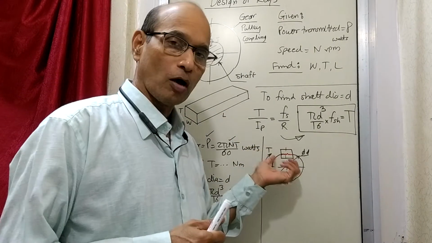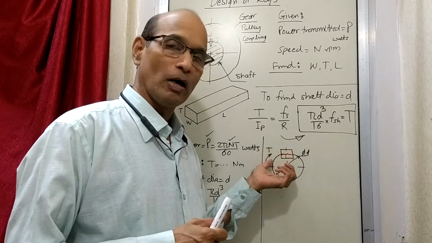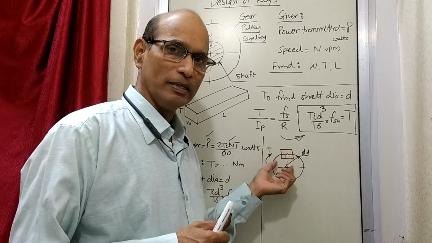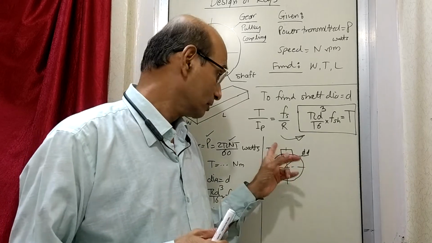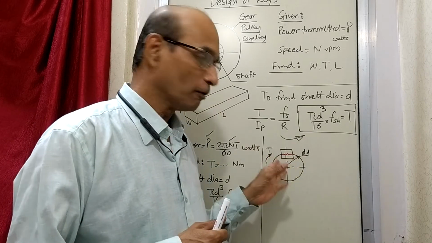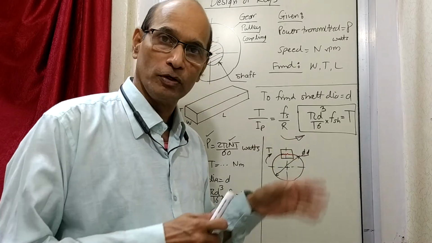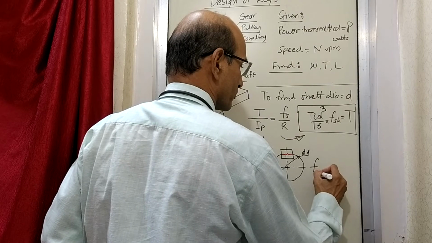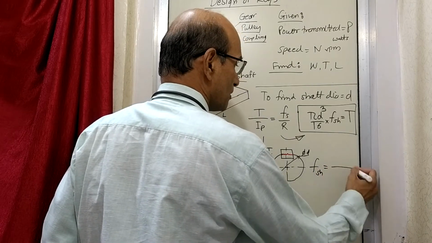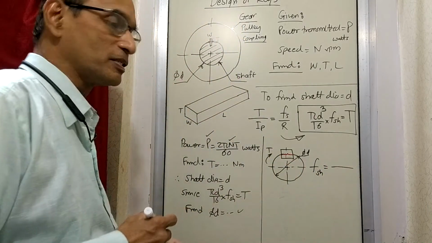What should happen is this cross section should be strong enough to resist this kind of failure. So what kind of failure is this? It is a shear failure. So we'll write the equation: shear stress is equal to load upon area. What is the area which is resisting?